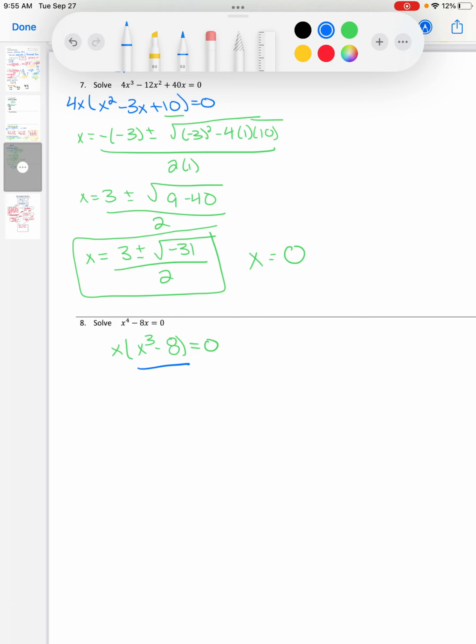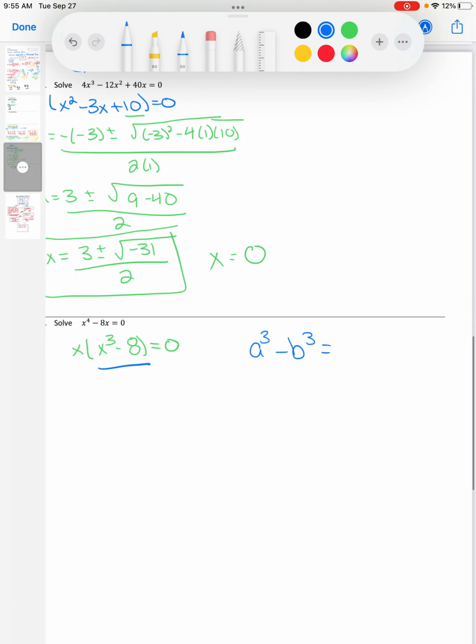Can I factor it? Yes, I can. It is a difference of cubes. So you remember this formula? a cubed minus b cubed equals a minus b, times a squared plus ab plus b squared.